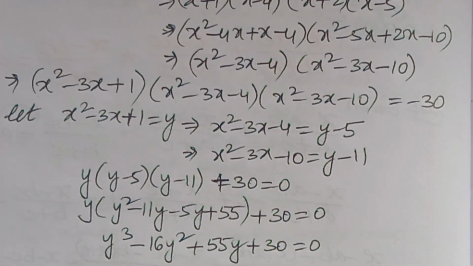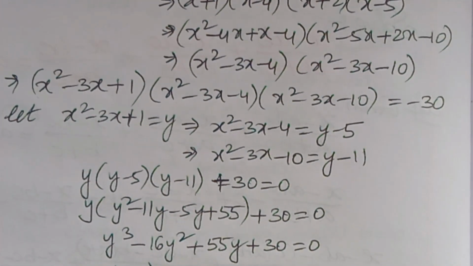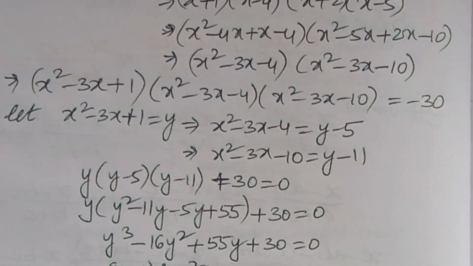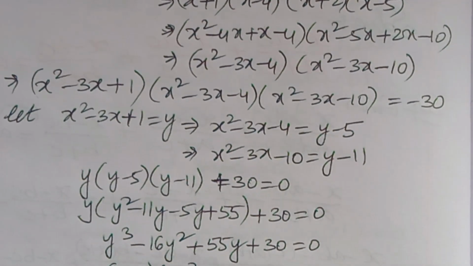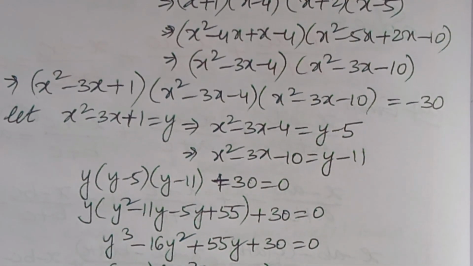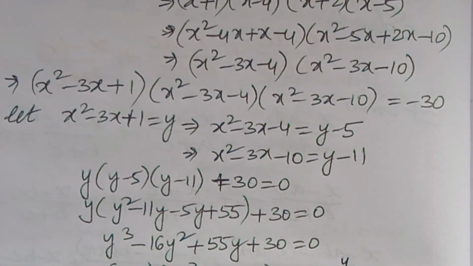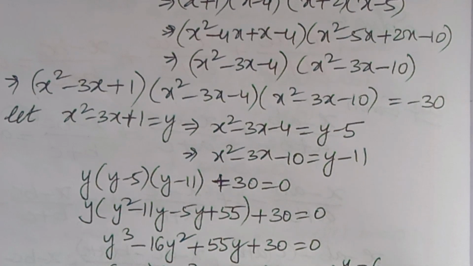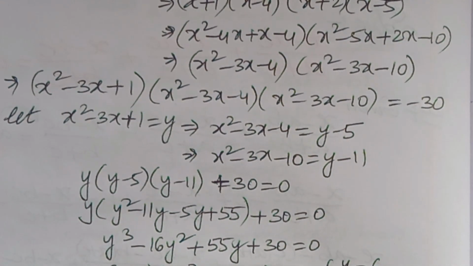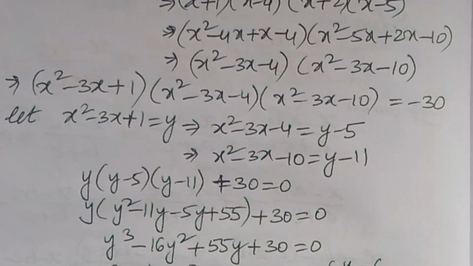So here you'll get the factors (y − 6)(y² − 10y − 5) = 0. That implies y = 6 or y² − 10y − 5 = 0.